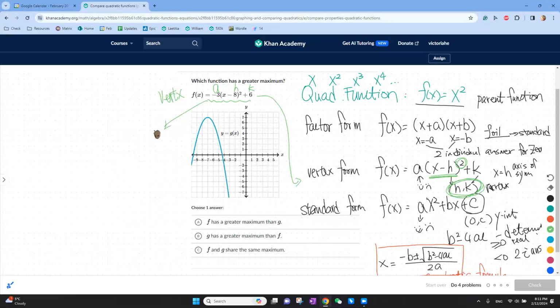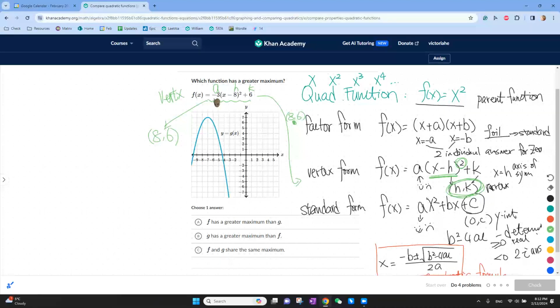Again, I'm going to label what they mean. 8 and 6, 8 comma 6. There we go. Okay, so based on that, I'm going to draw this out. I'm going to have 8 and 6 as my vertex, so it's going to be somewhere right there. 8, comma 6.